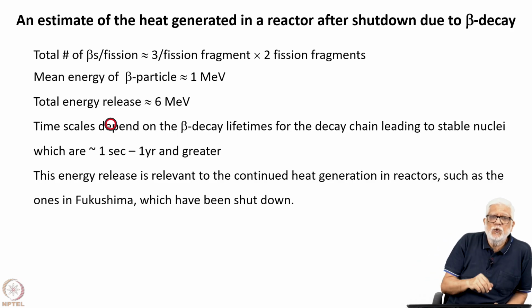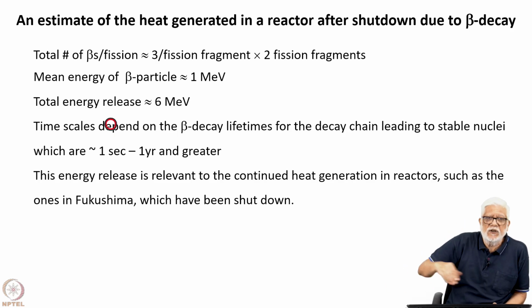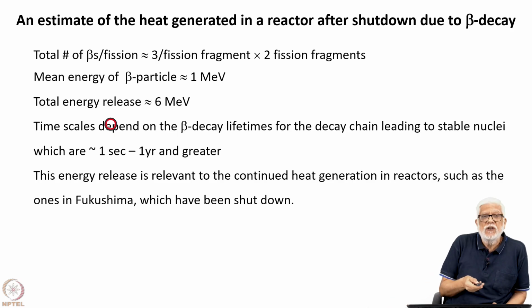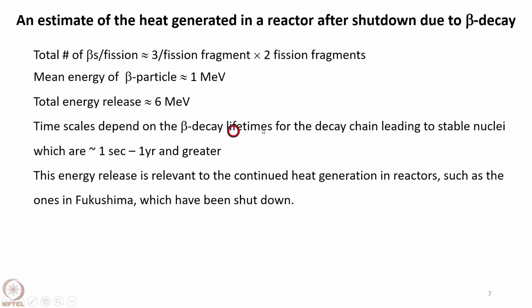But initially you can have, as I said, as much as about 90 megawatt heat produced, and then this decays with time. And this is important, as we saw in the accident that took place in the Fukushima reactor, I think about 10 to 15 years ago.